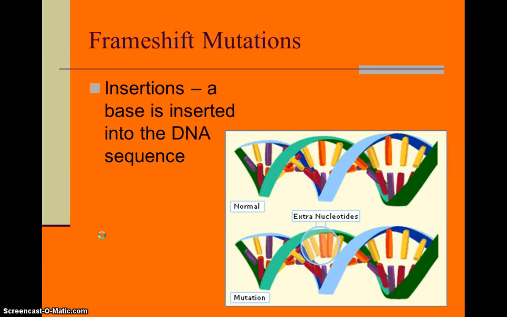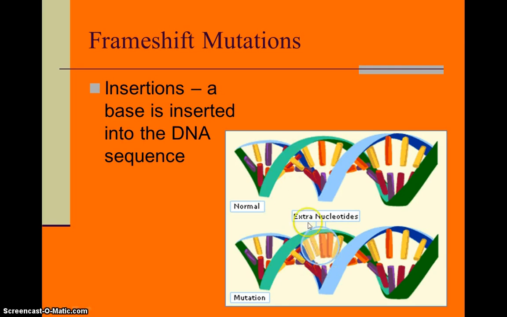Insertions, which is when a base is inserted into the DNA sequence. These vocabulary words should be fairly easy for you because they're all using the same base words. So right here you can see that an extra pair is inserted into the DNA sequence.